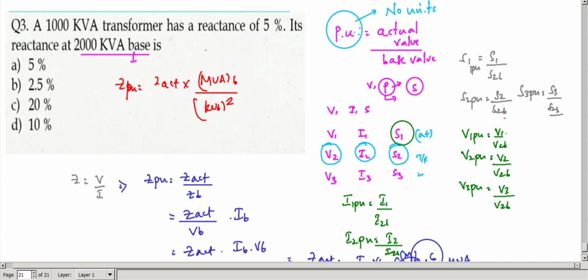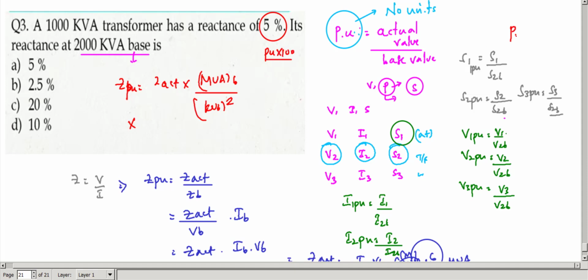Here it is said that reactance is given: X per unit. The 100 kVA transformer has a reactance of 5%. Per unit into 100 is a percentage value.